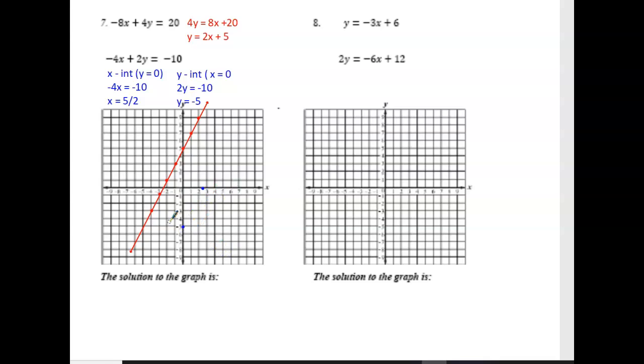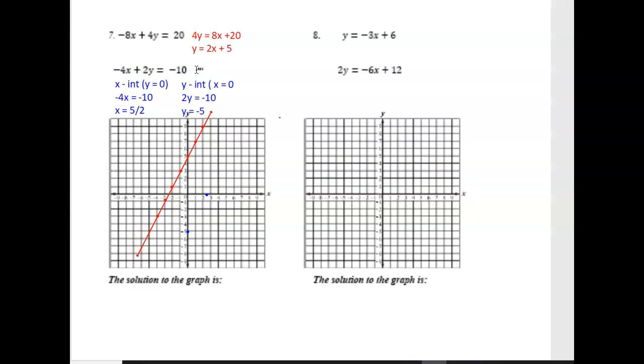so really what that tells me is my slope, if you recall, the slope in standard form is negative a over b, so in this case positive 4 divided by b, which is 2.